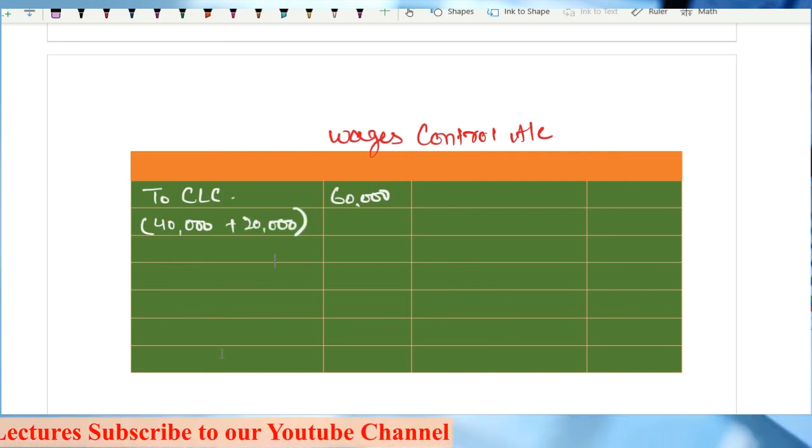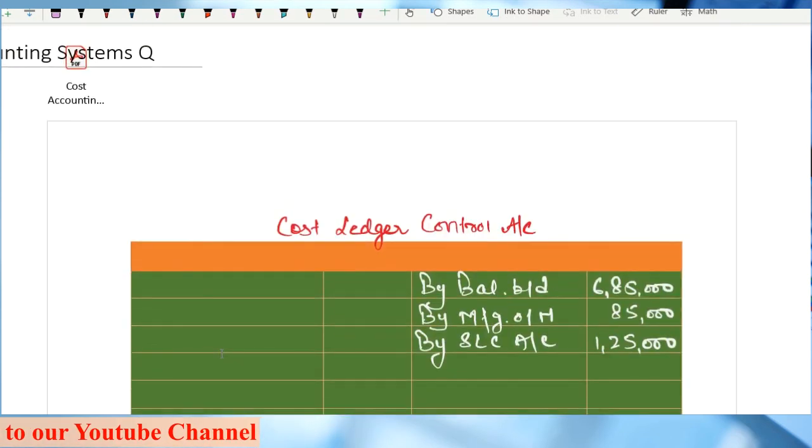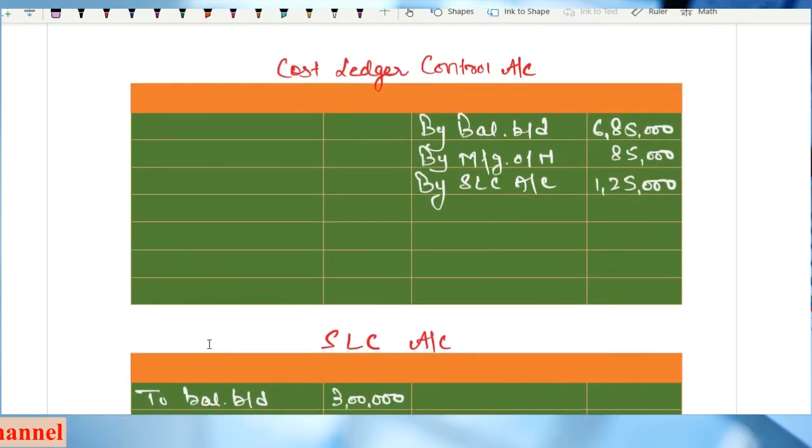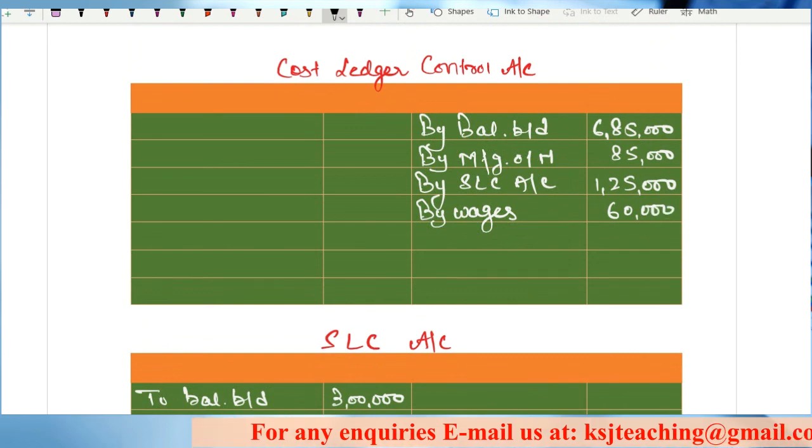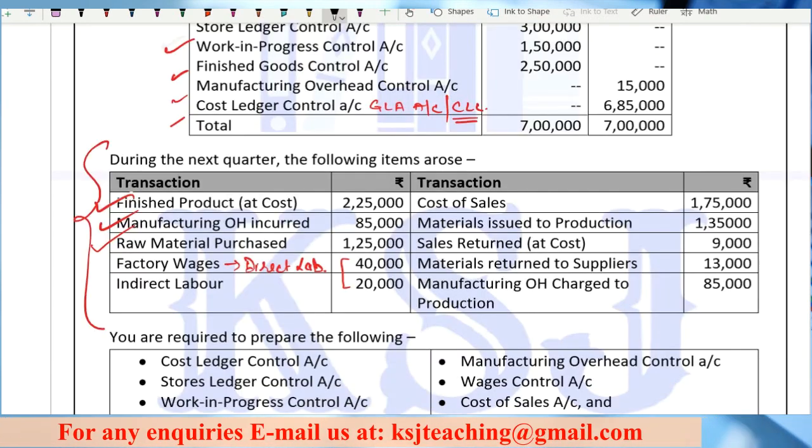And in the CLC account, I am going to take by wages control account, how much? 60,000, right? Any doubts in this?